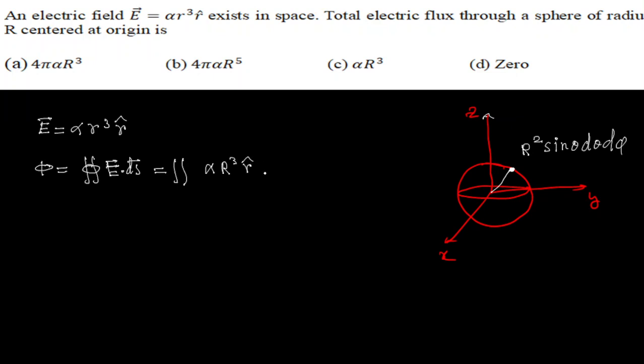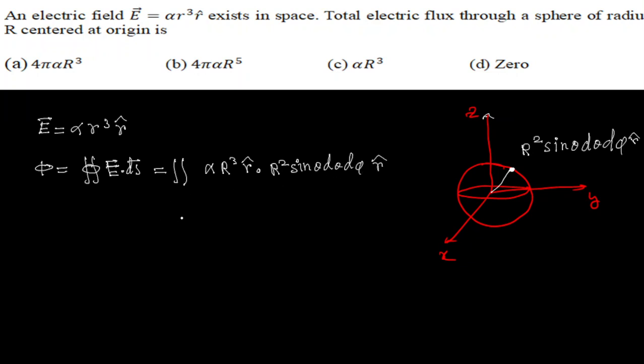That is the value of the electric field on the surface. And then we have to take the dot product with the elementary area. In this case, the direction of the elementary area will be along r cap in the spherical polar coordinate system. So you have to take the dot product with R square sine theta d theta d phi r cap.